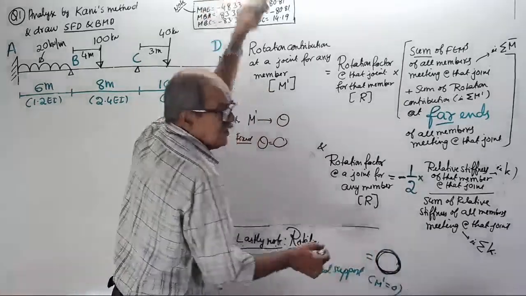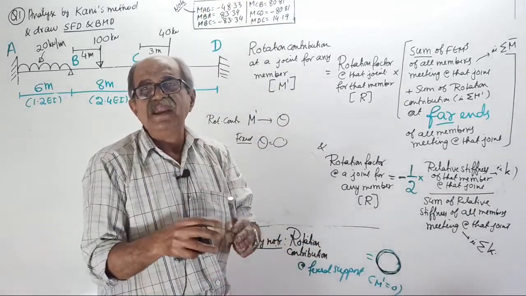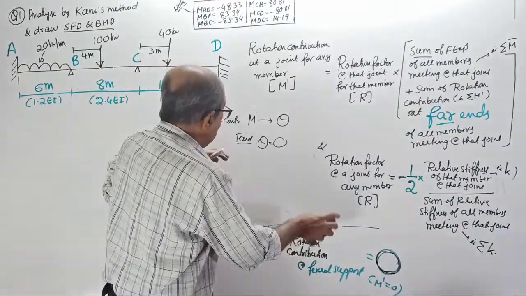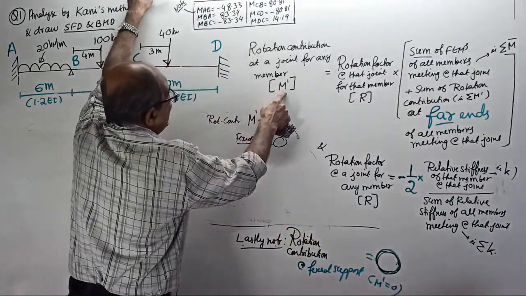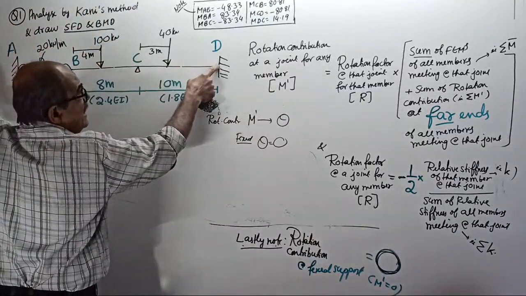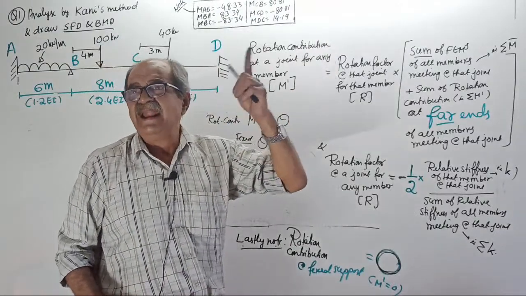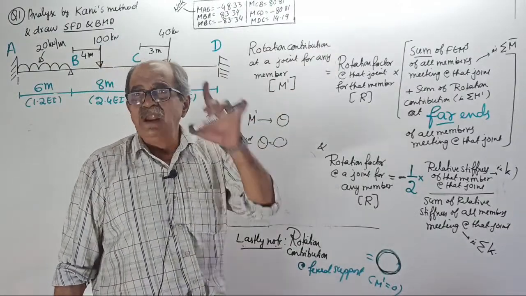So, no rotation contribution, that is, moment due to rotation. There is no rotation, equal to 0. So remember, this m dash value for our question at A and D will be 0. If it becomes a simple support, then it will be there.